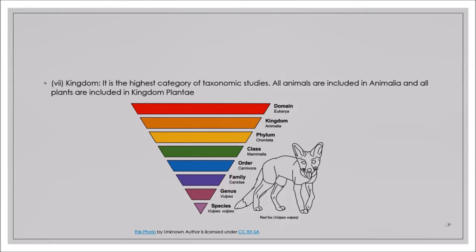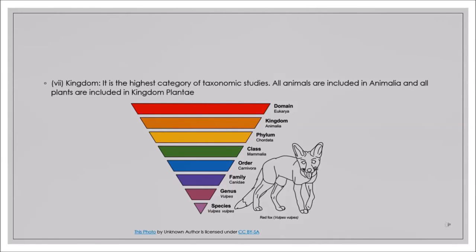As you can see in the image, the kingdom is the first category of the whole classification. So all the animals are put under one kingdom called Animalia, and all the plants are put under one kingdom called Plantae. Only two major kingdoms are there, Animalia and Plantae, and under those, different organisms are placed.